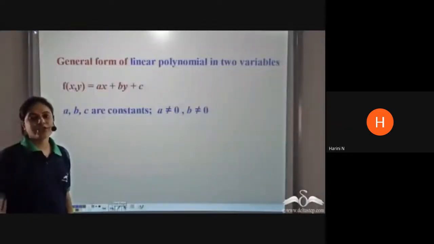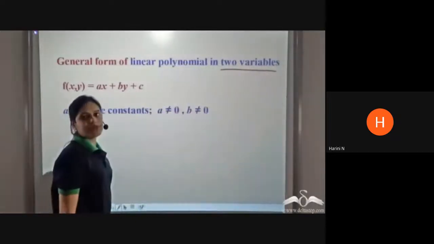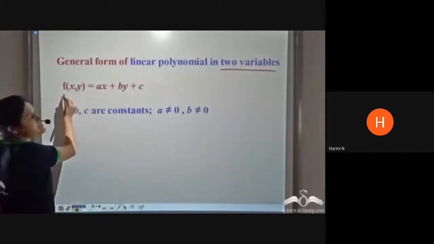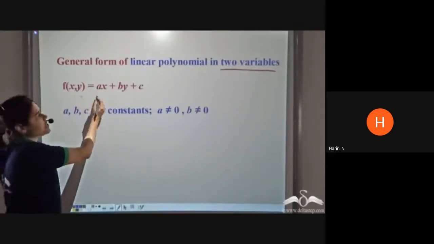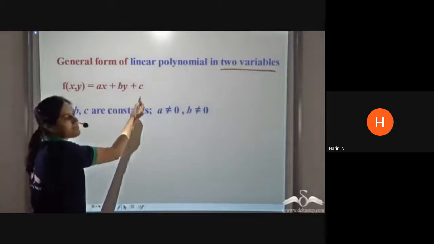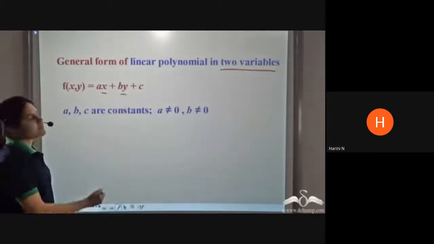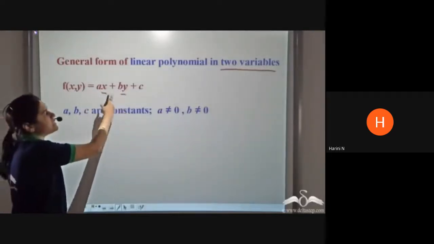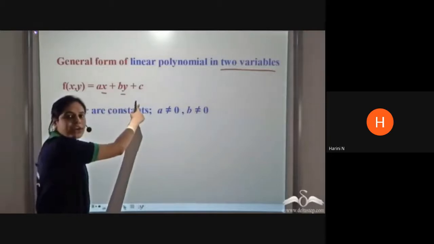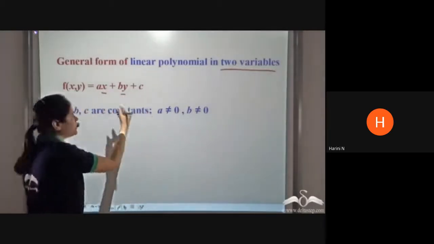Now what is the general form of a linear polynomial in two variables? We have this polynomial in two variables x and y, and the general form is ax + by + c. We have two variables x and y. Both have the highest power as 1. So it is a linear polynomial in two variables, ax + by + c.